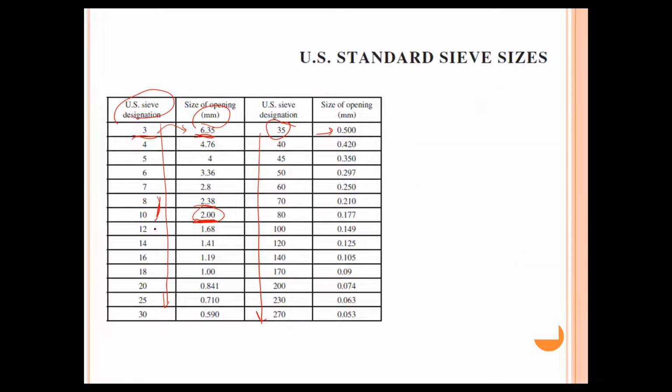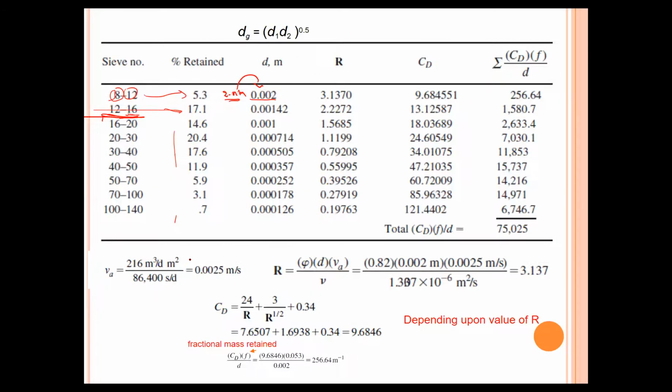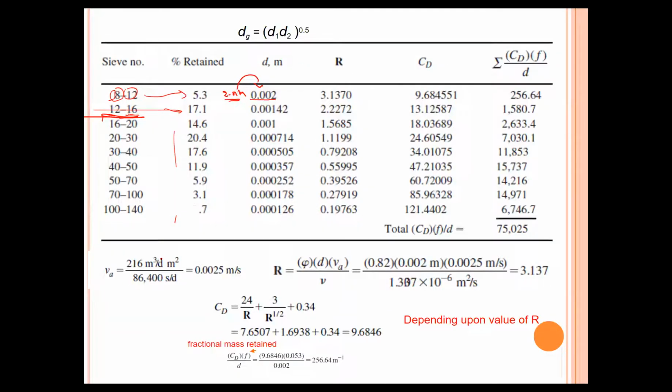12 and 16, if you see here, 12 is 1.68 and 16 is 1.19. They used the number in between 12 and 16, this value, the 1.41. So they use about 0.00142.